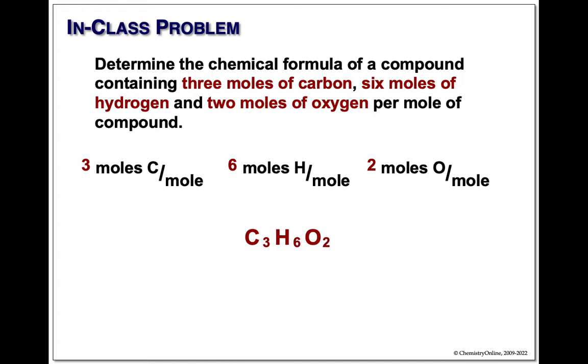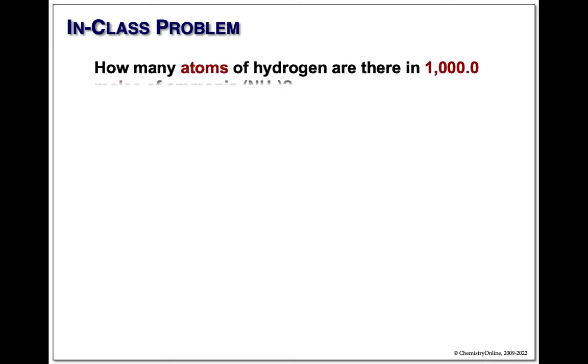Now we're going to use this in several types of problems. Let's just see how we do this. If I say I have 1,000 moles of ammonia, NH3, and I'm asking you how many atoms of hydrogen are there in our 1,000 moles?